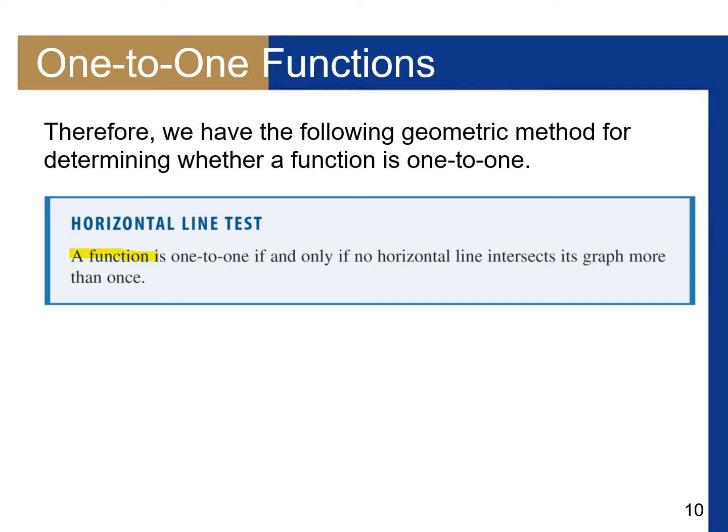So that means you're going to use the vertical line test first. And then after it passes the vertical line test, then you will use the horizontal line test to see if it passes that. And if it passes both, then it is a one-to-one function.